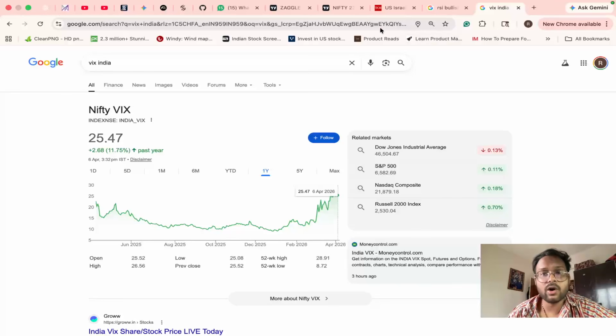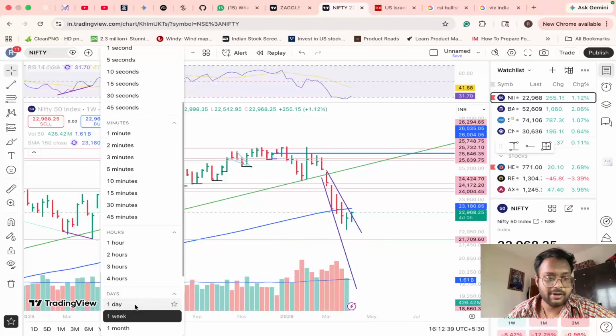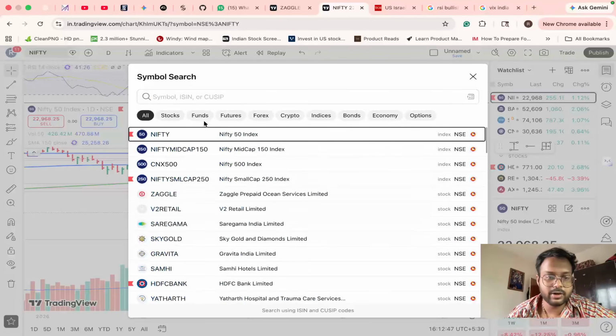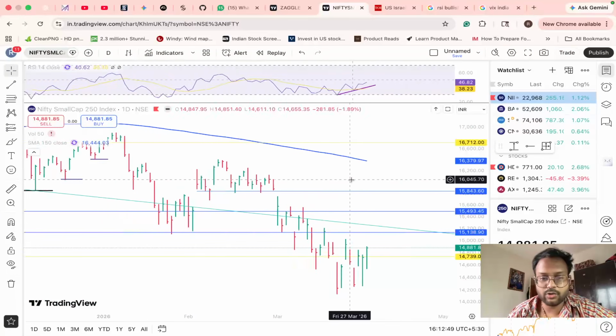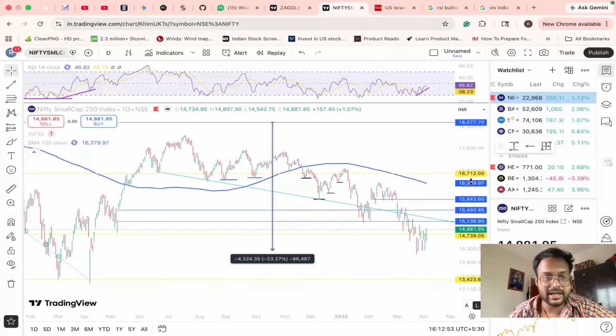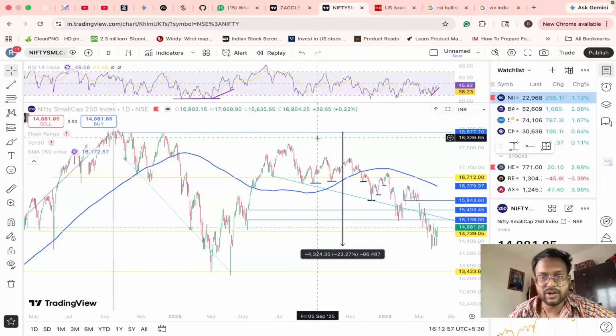Okay, look at all of these things. Do this check. I've just shown you a check on Nifty. If I show you a similar check on other indices, let me take you to the Nifty Smallcap 250 index, similar thing, right? RSI divergence when we bottomed and the market moved up.